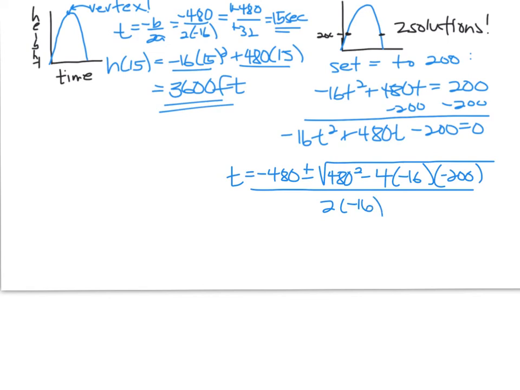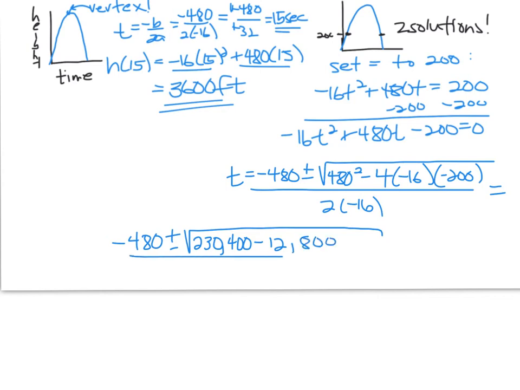To simplify from here, there's a lot of numbers here. Again, make sure you have a calculator. We would get negative 480 plus or minus the square root of 480 squared, which is 230,400, minus 4 times negative 16 times 200, which is 12,800, all over negative 32.